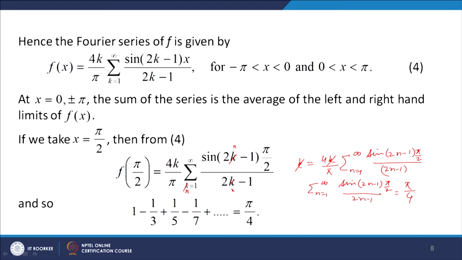Okay. And sin (2n minus 1) into pi by 2 is equal to minus 1 to the power n minus 1, so we get sigma n equal to 1 to infinity (minus 1)^(n minus 1) divided by (2n minus 1), equal to pi by 4. So, we get 1 minus 1 by 3 plus 1 by 5 minus 1 by 7 and so on equal to pi by 4. So, by using the Fourier series, we can also find the sum of series of constant terms in some particular cases.